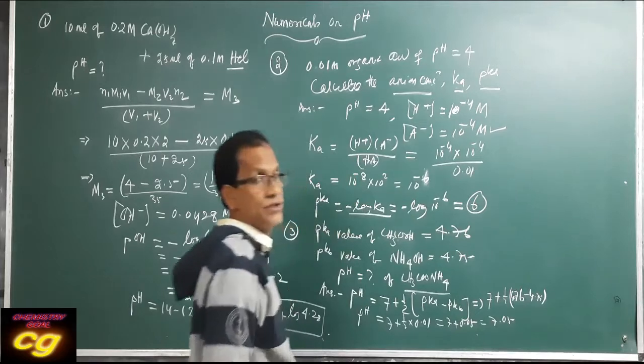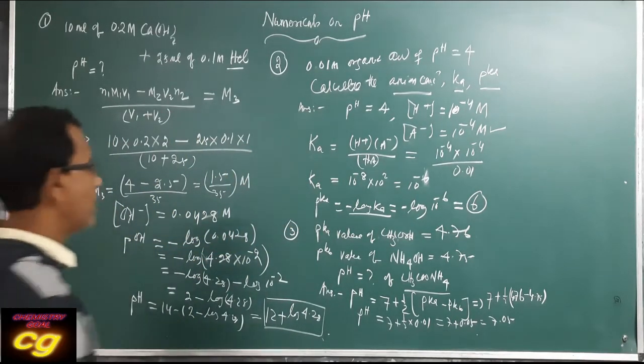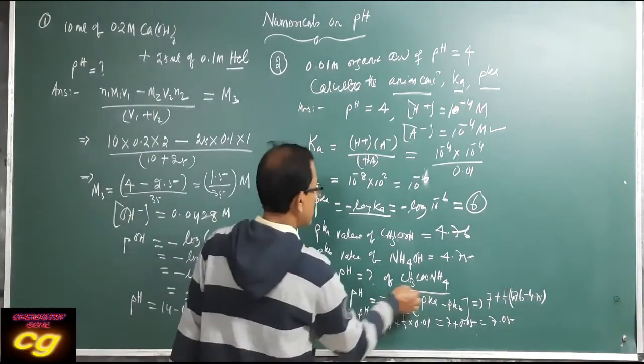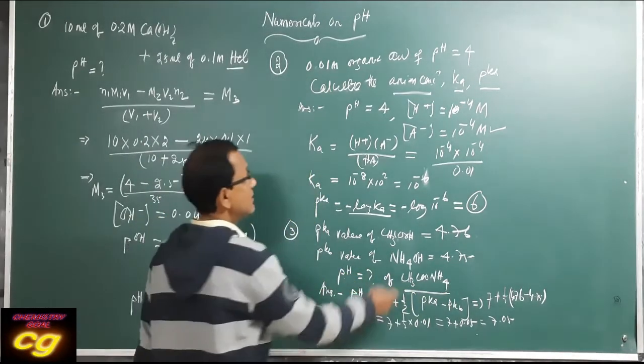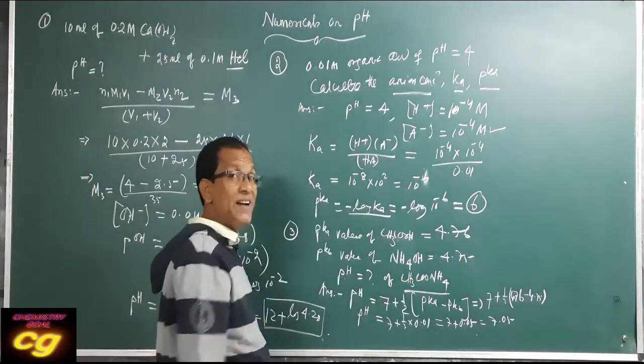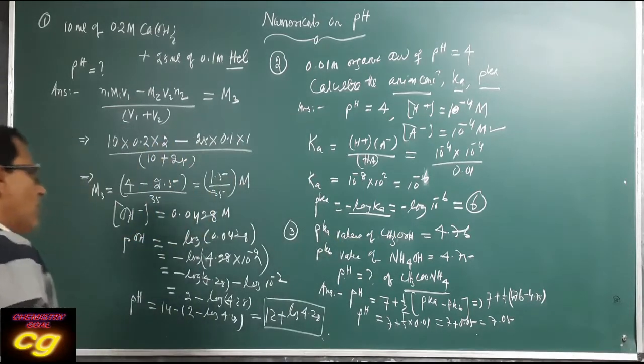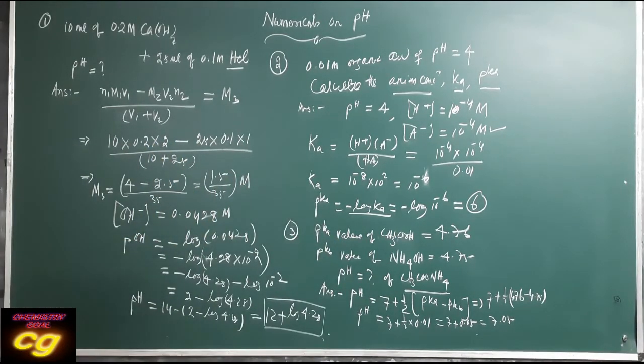This is the value of pH. As pKa and pKb are given, the question is what is the pH value of the salt ammonium acetate if the corresponding acid and base pK values are given. So this is the final result of the pH value of ammonium acetate.